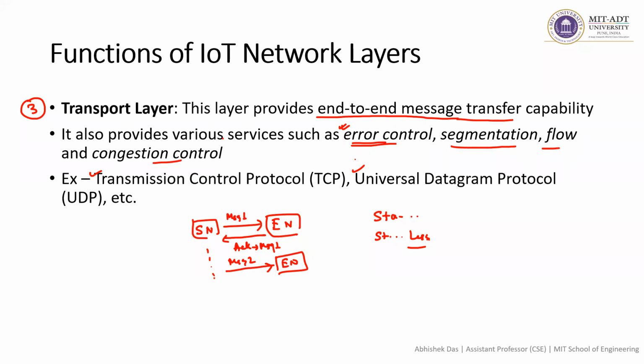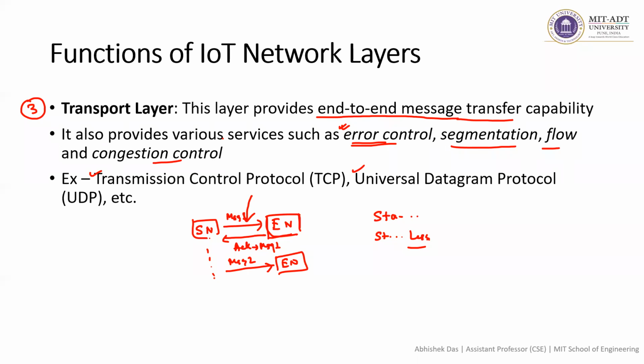Let's say that between the starting node and the ending node, some person has hacked the network, and the message was manipulated and modified. Until the ending node receives the correct information, it will keep on sending acknowledgement messages.